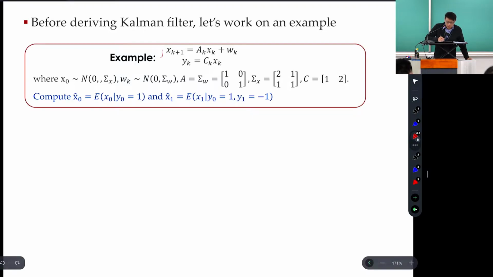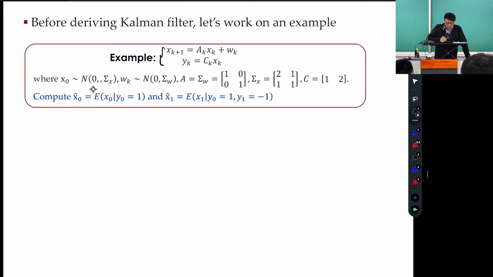This is a special system. First of all, we don't have U, so there's no deterministic input. U doesn't change anything in the Kalman filter, at least not in a hard way. Also, we don't have measurement noise, so the measurement is almost a deterministic function of the state. All the other setup is the same.